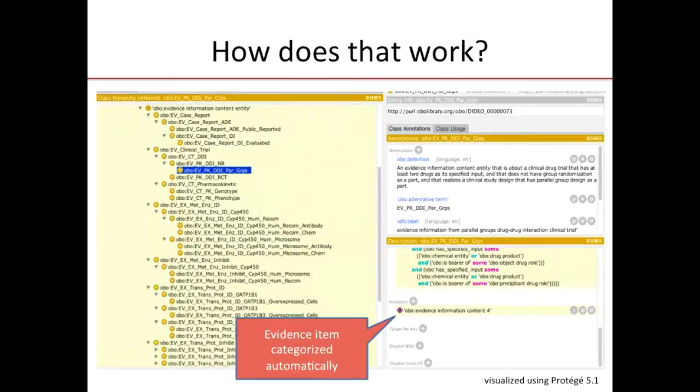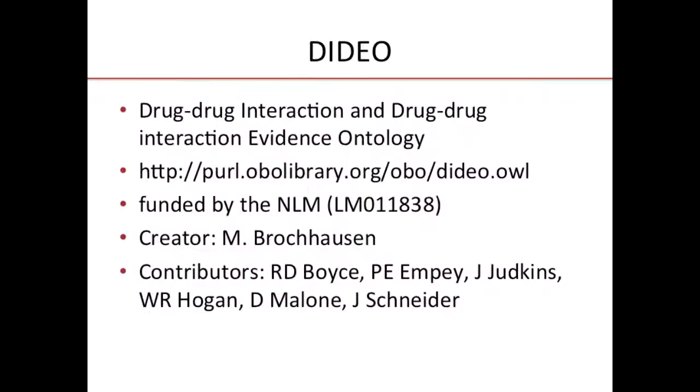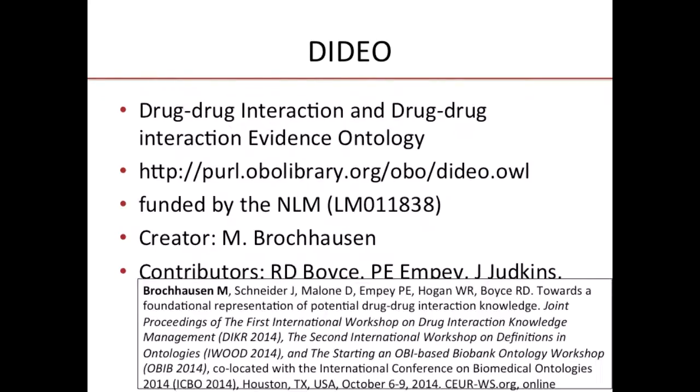Okay, so the evidence item is categorized automatically and correctly. Good job. For those interested, this is the information about the ontology we used for that. It's an open source ontology. You can look at it, you can use it, you can even change it. It was funded by the NLM. It's a large project, and there are publications about it.